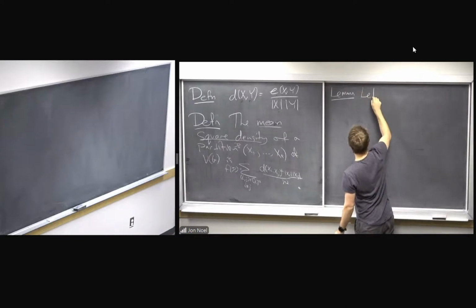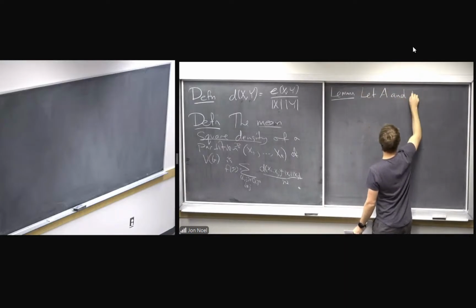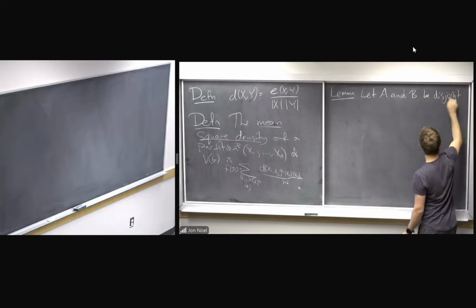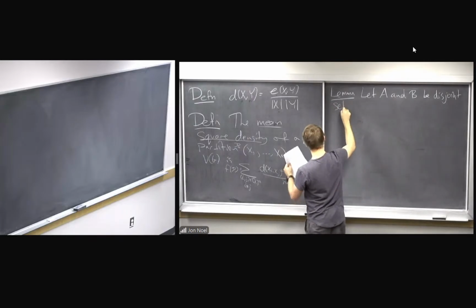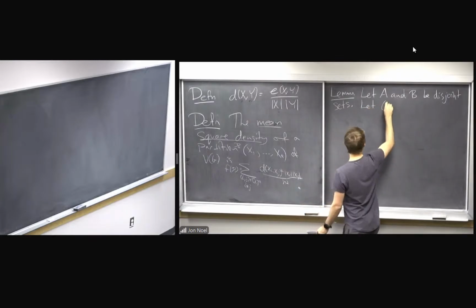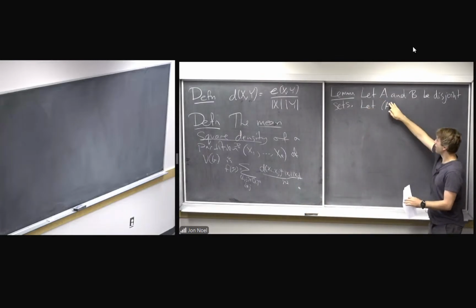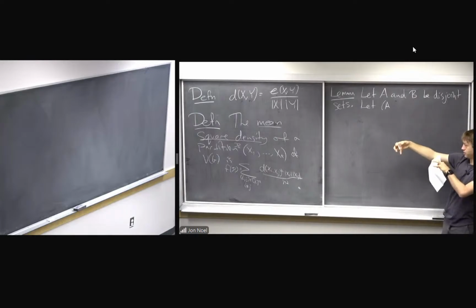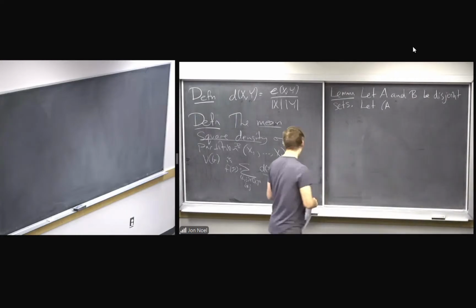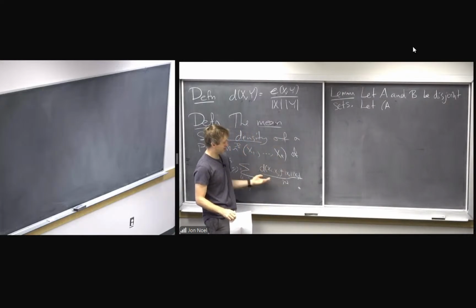So let A and B be disjoint sets. I'm thinking of A and B as being two sets in a regularity partition or something, and we're going to refine the partition. So I'm going to break A into many pieces and break B into many pieces, and we want to see how the contribution of A and B to this sum would change.